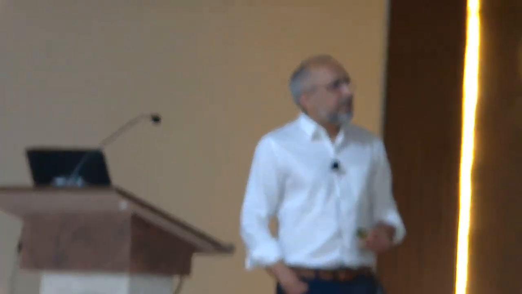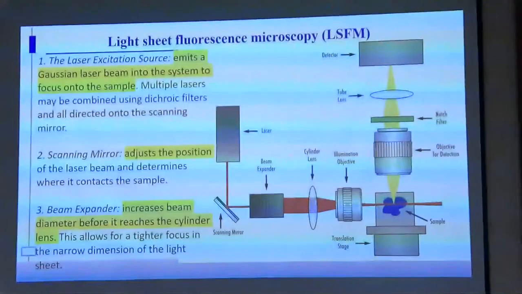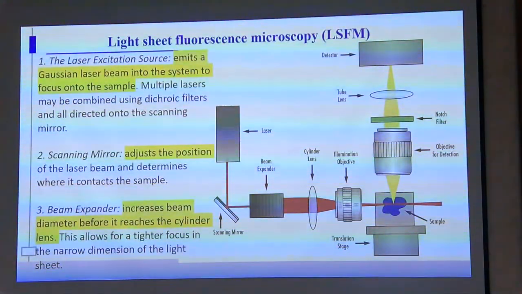Here is one technology called light sheet fluorescence microscopy, LSFM. As I mentioned, we use a laser excitation source and it emits a Gaussian laser beam into the system to focus onto the sample.